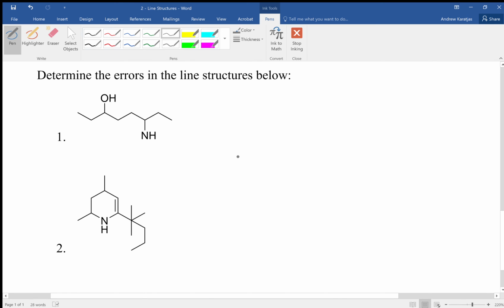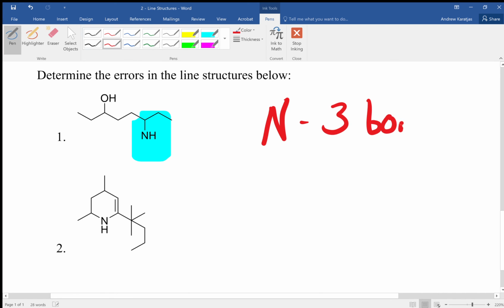All right, finally, these last 2 questions, I'm saying there's something wrong with them, and I want you to figure out what's wrong. So in this first one, the issue is the nitrogen. Nitrogen should have 3 bonds. This nitrogen only has 2. Our second structure, the error should be even more obvious.